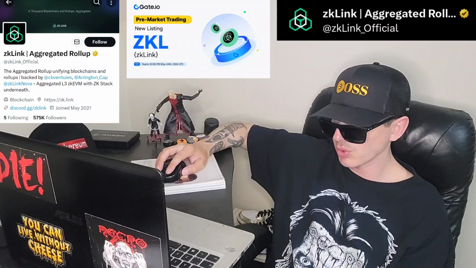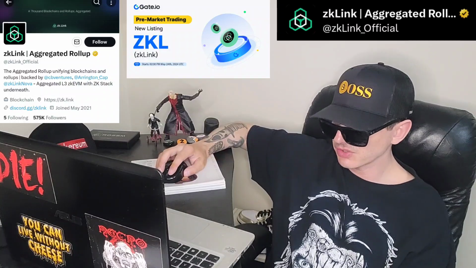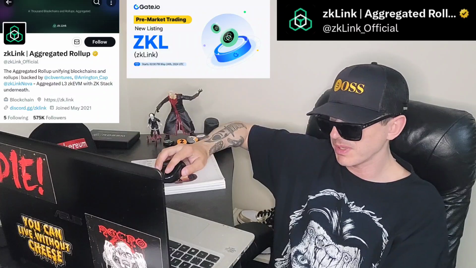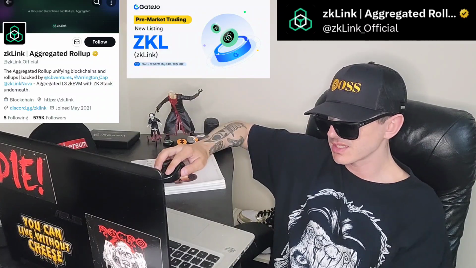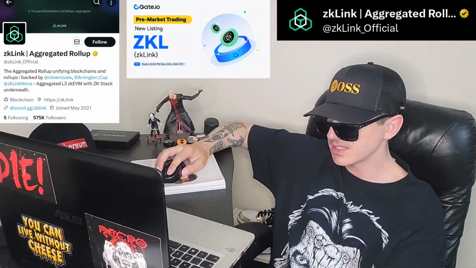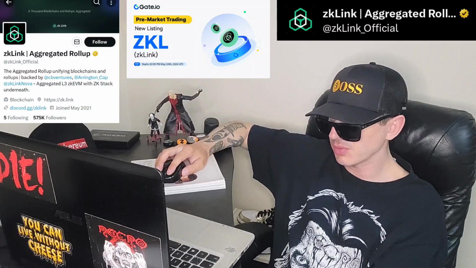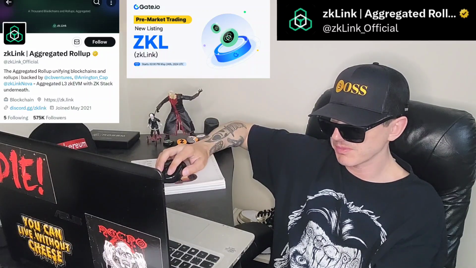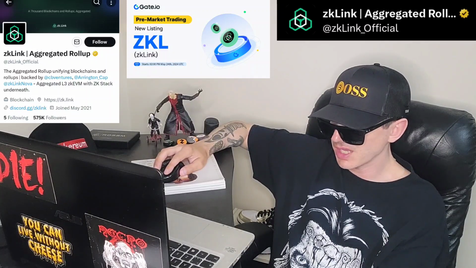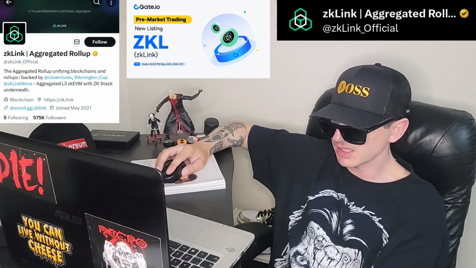And then we also have the Zklink X, which is an aggregated roll-up infrastructure for customized high-performance applications with their own sovereignty. Zklink X serves as the middleware that abstracts away the complexity of multi-chain deployment, making developers feel like they're building on a single chain with multi-chain liquidity.